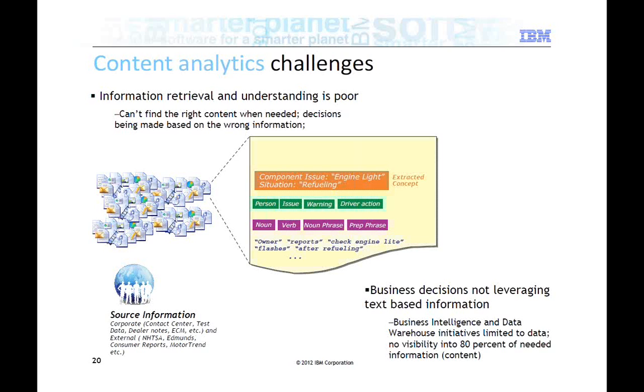So these are UIMA-based, standards-based annotators applied to understand the language, the sentence structure, and identify the nouns and verbs. For example, an owner reports the check engine light flashing after refueling, right? So you should be able to understand this.